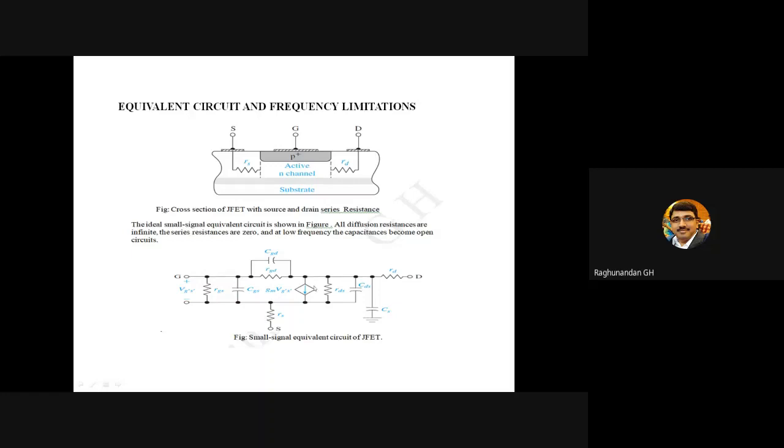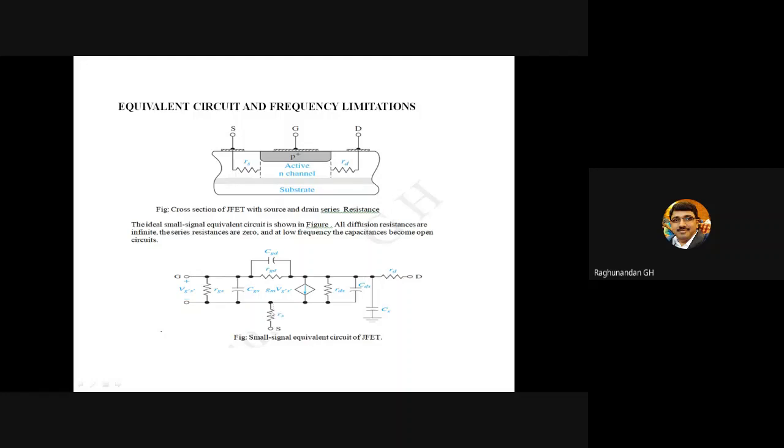So how you are going to write this equivalent circuit is mark gate, drain, and source. Mark three points: source, gate, drain. Between this gate and source, we are having the resistance.